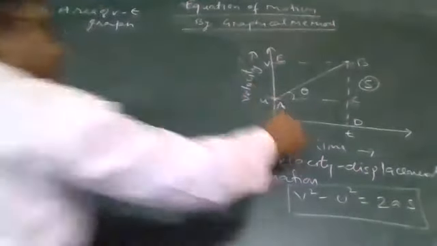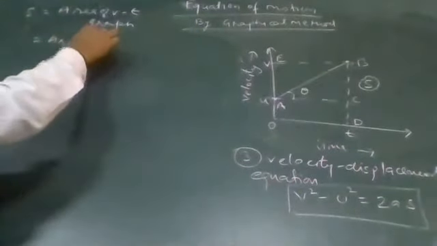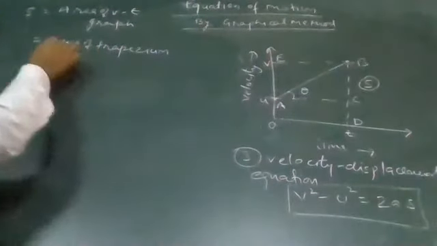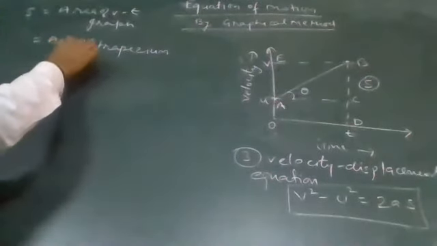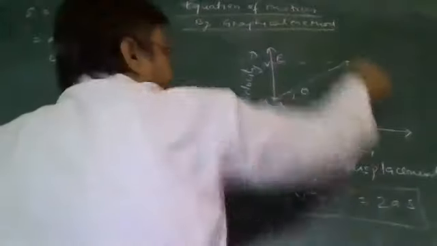Now, this velocity time graph I can say is a trapezium, so I can use the area of the trapezium. The name of the trapezium will be OABD.